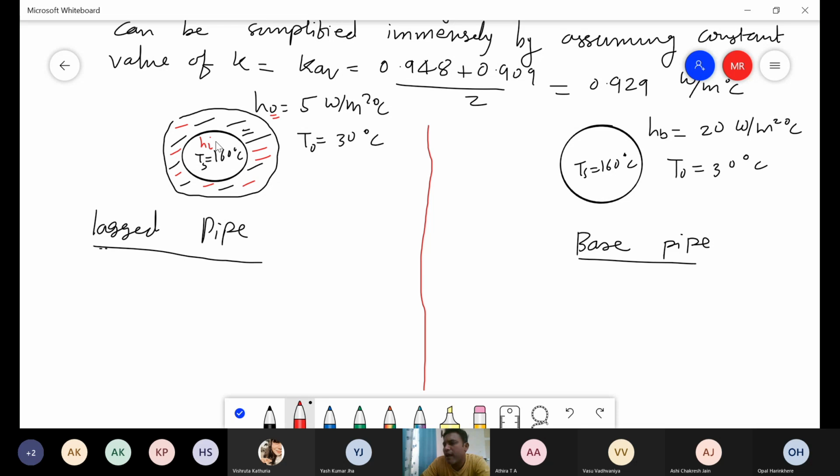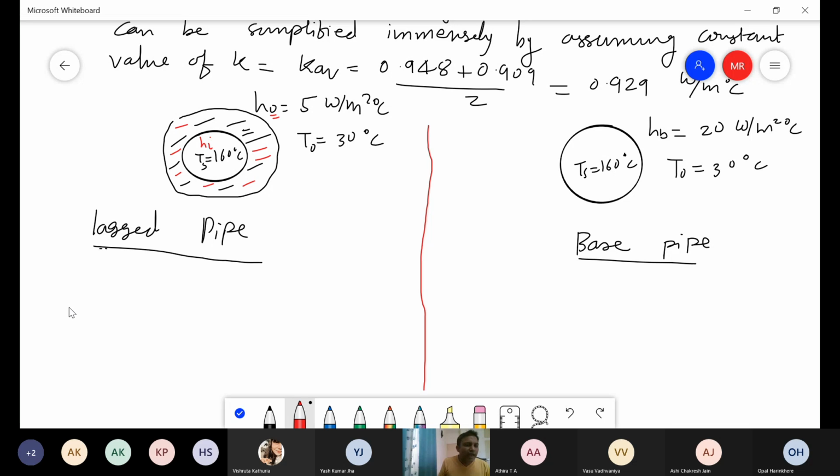And since h is very high, the resistance corresponding to this Hi for the heat transfer is going to be much lower compared to the resistance offered by this particular insulating layer, as well as the outside convective heat transfer taking place to the ambience, isn't it? So both these resistances are going to be significantly higher compared to the resistance offered by this metal wall, as well as the convective resistance offered inside the pipe.